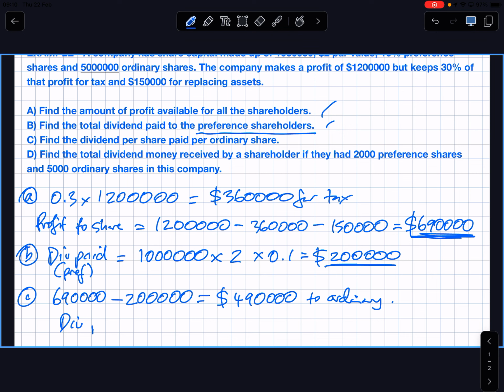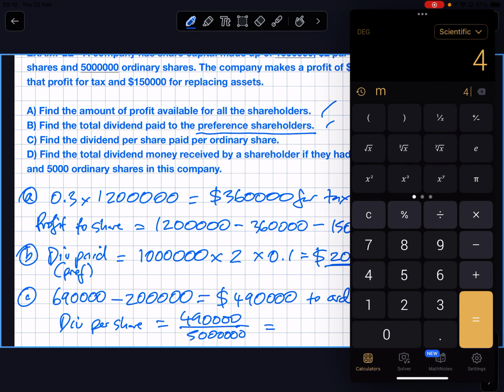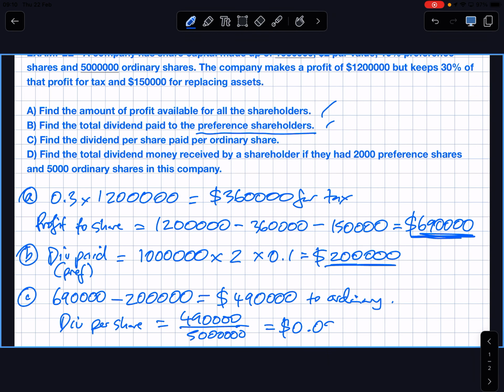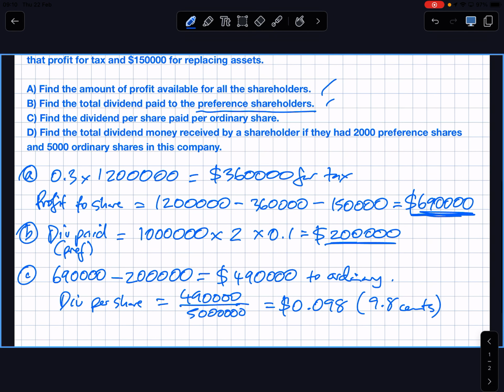So div per share is going to be 490 grand divided by the 5 million ordinary shares that it's going to be shared between. 0.098, which is 9.8 cents per share. So we've just done C. I'm going to finish it for the sake of completion.